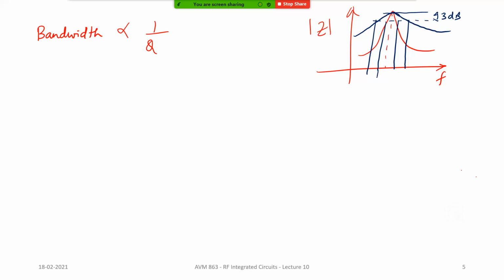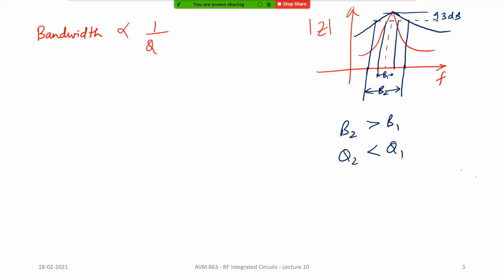So let's say this is bandwidth 1 and this is bandwidth 2. So bandwidth 2 is greater than bandwidth 1, where Q2 is lesser than Q1.